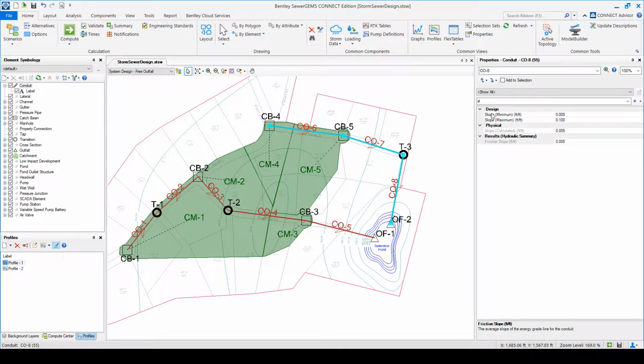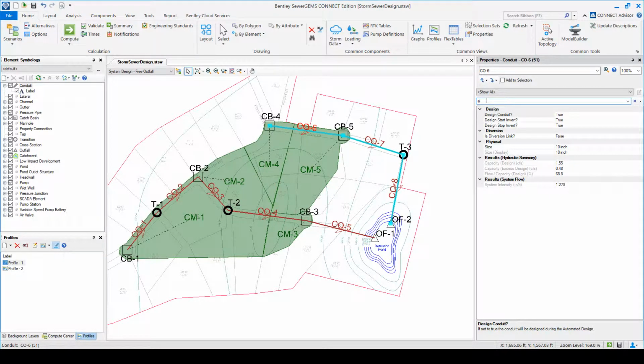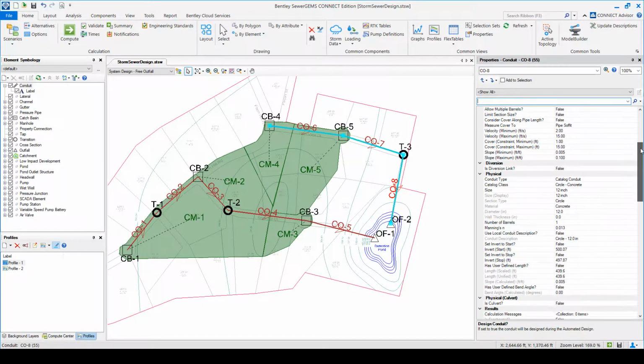And let's take a look at the diameters now. I think it's called size. Yes, so 10-inch for CO6, 12-inch, and this one 12-inch. So that's a pretty nice design.